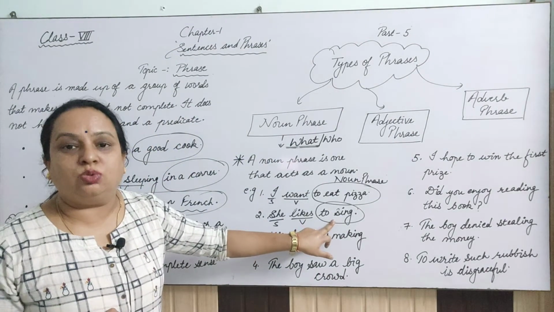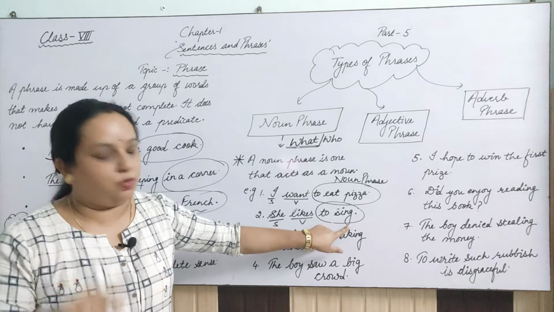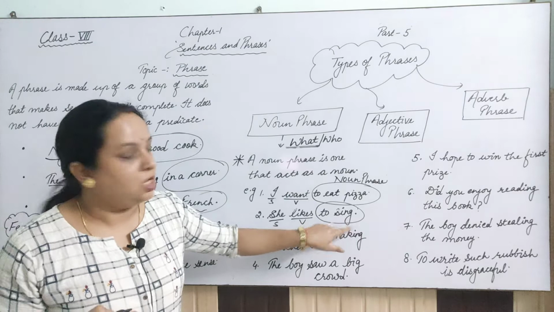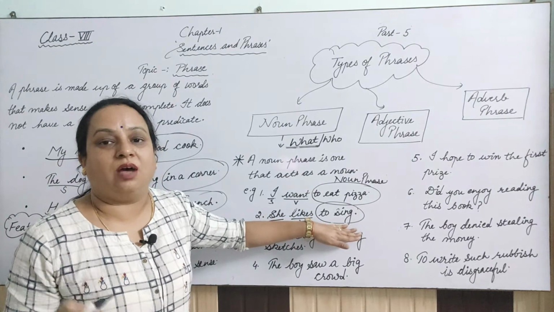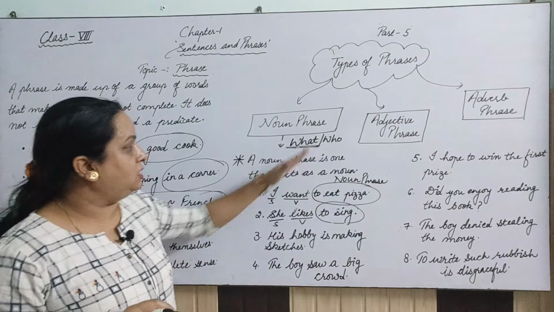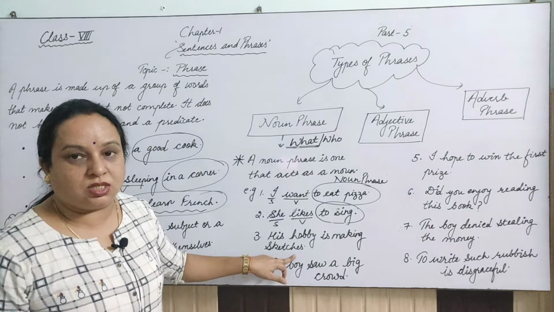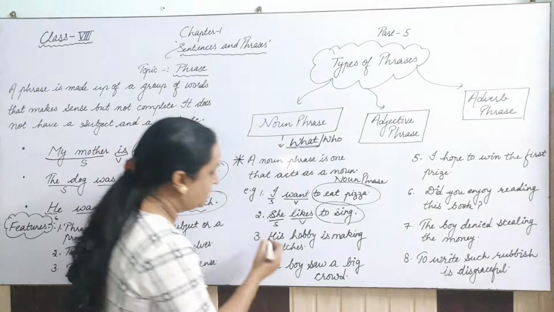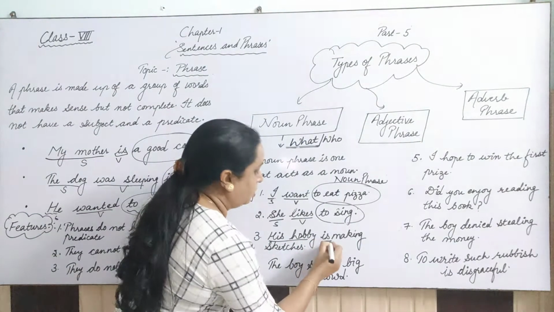So this to sing is answering the question what she likes, and the answer is to sing. So this part which is giving us the answer is the noun phrase. Let's see the third one. His hobby is making sketches. His hobby is the subject, is is the verb.